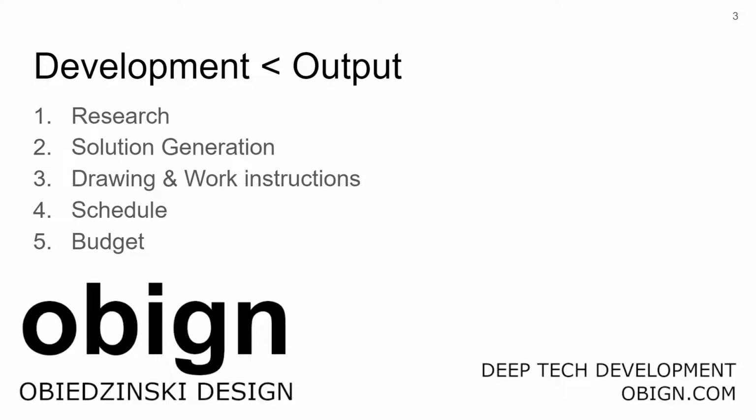After following the strategies to generate a solution, the following 3 steps are more project management, which has 3 components. You will define the scope of the project with drawings and work instructions. Then the time and duration of the project with a schedule, and finally the cost of the project with a budget.